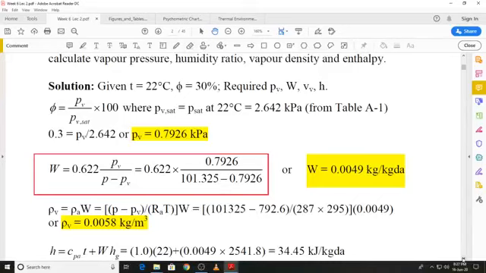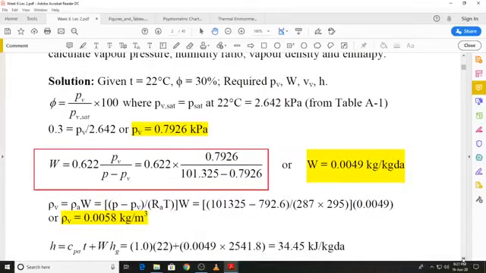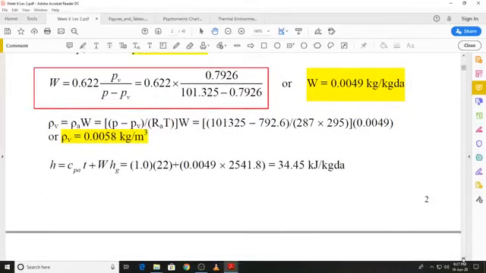Then the last property is the specific enthalpy of the mixture, and the equation, again you can refer to the previous expression, is h equal to CPA times T plus W times Hg. CPA is the specific heat of air, with the value of 1 kilojoule per kilogram Kelvin.